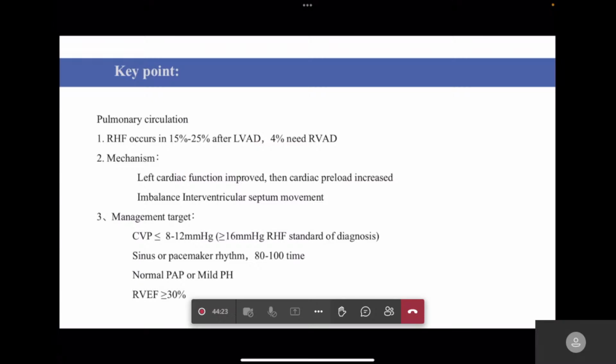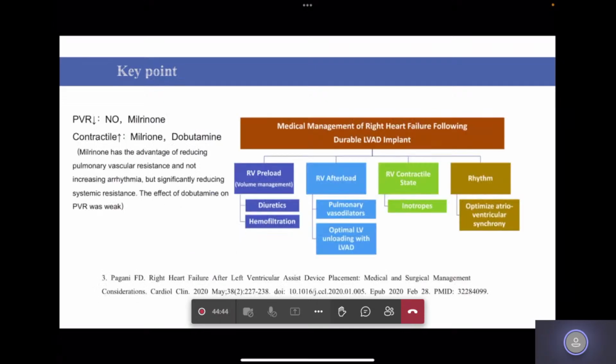The heart rate should be 80 to 100 beats per minute, with lower pulmonary artery pressure and adequate right ventricular function. The right ventricular ejection fraction should be more than 30%.